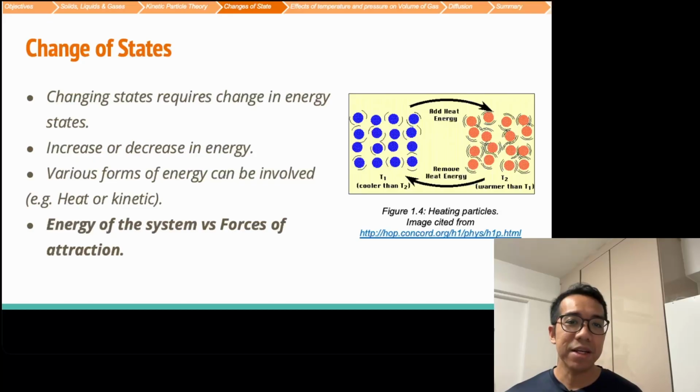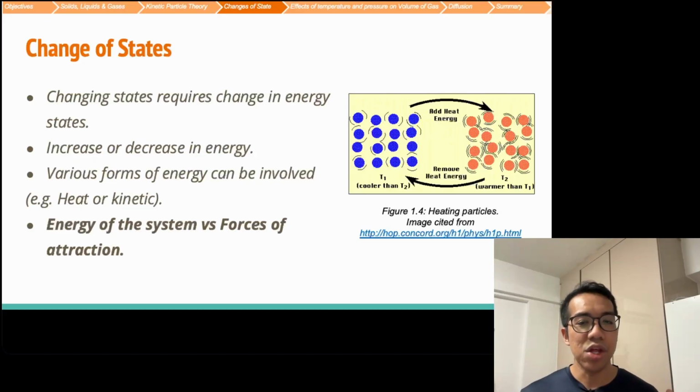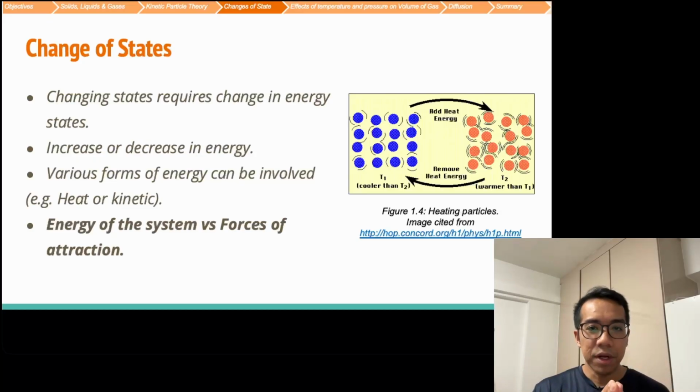You might not understand what the energy of the system is. In simple terms, the energy of the system refers to the thing itself. Let's say you are talking about ice melting, the energy of the system refers to the ice itself. Again, do not fret, we will explain this in the next few slides.